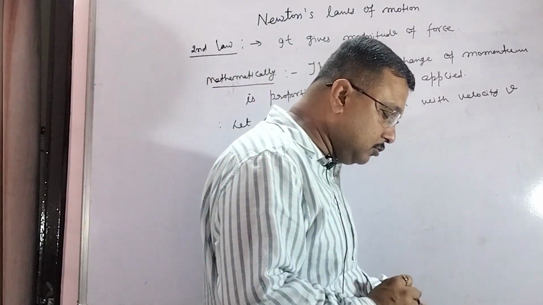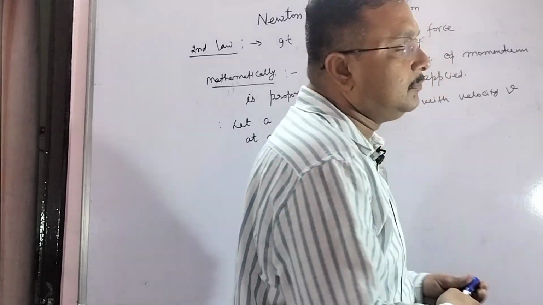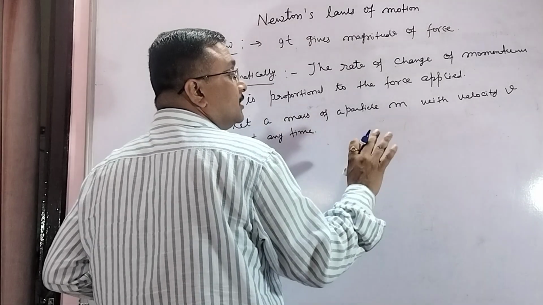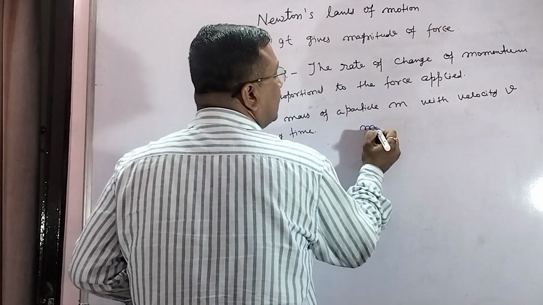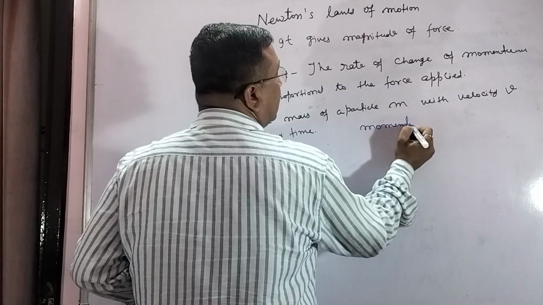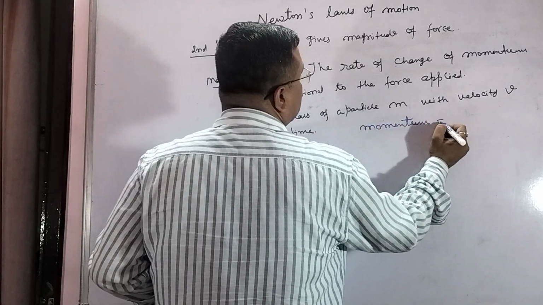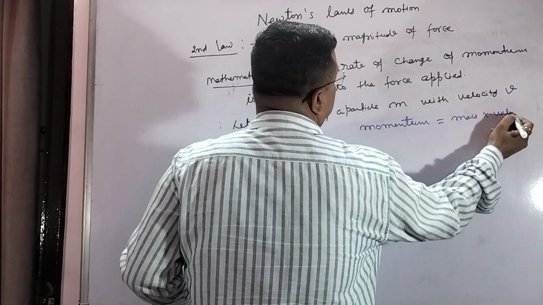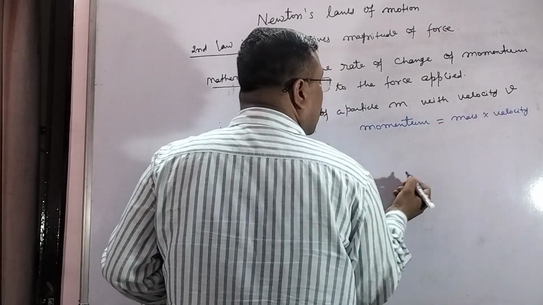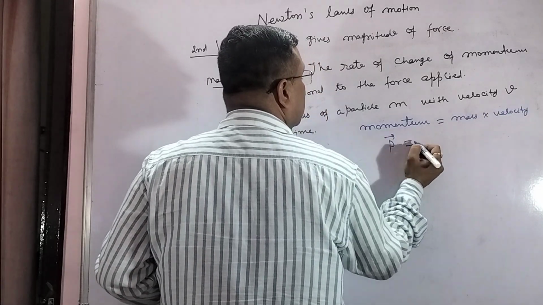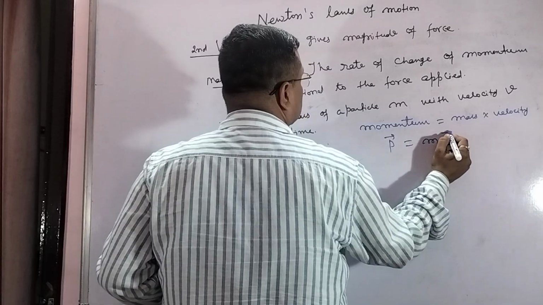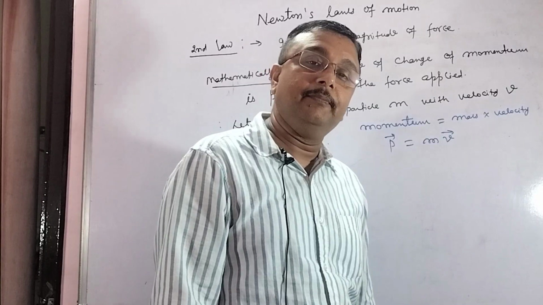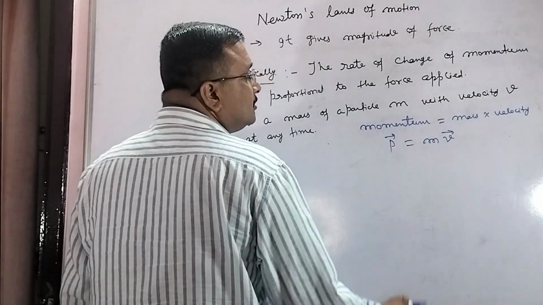If we want to have the momentum, we define momentum as the combined effect of mass and velocity. So we write momentum equals mass into velocity, or P equals m into v, where m is constant.